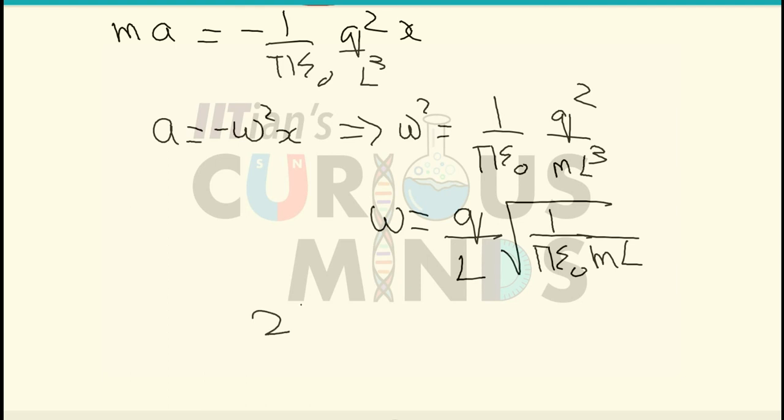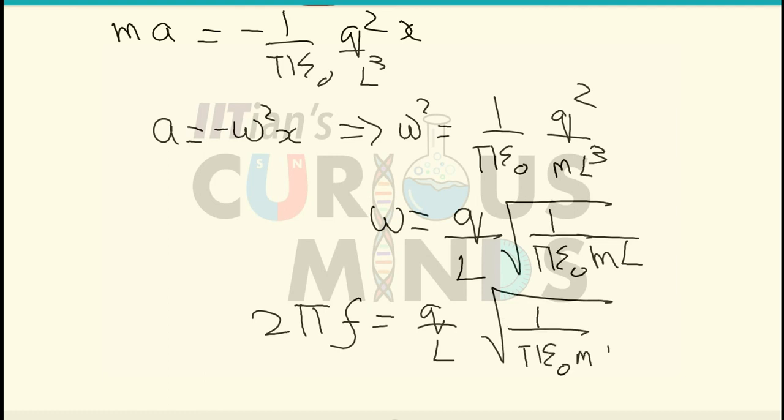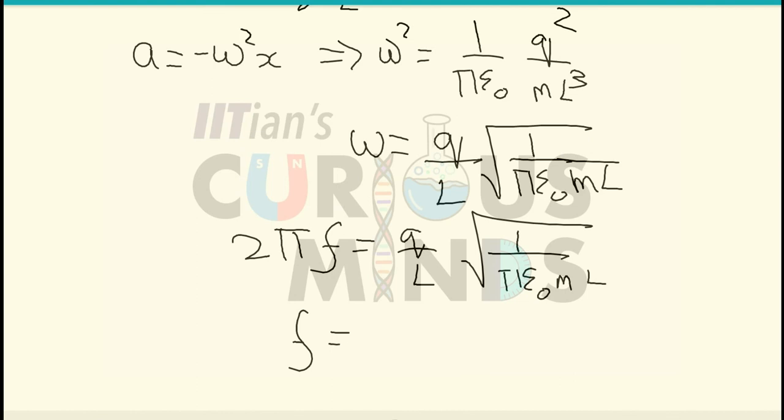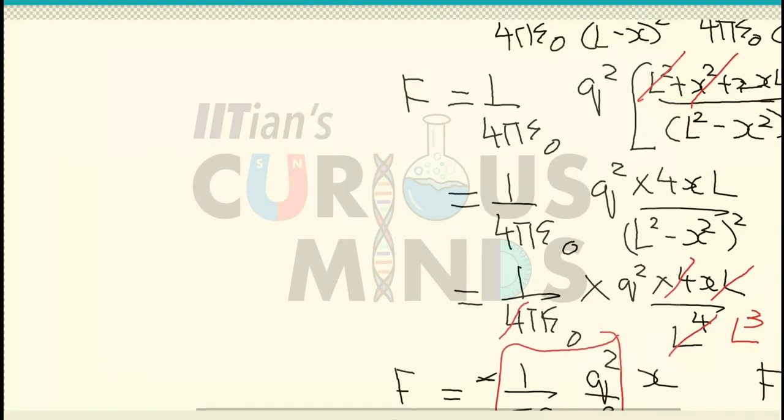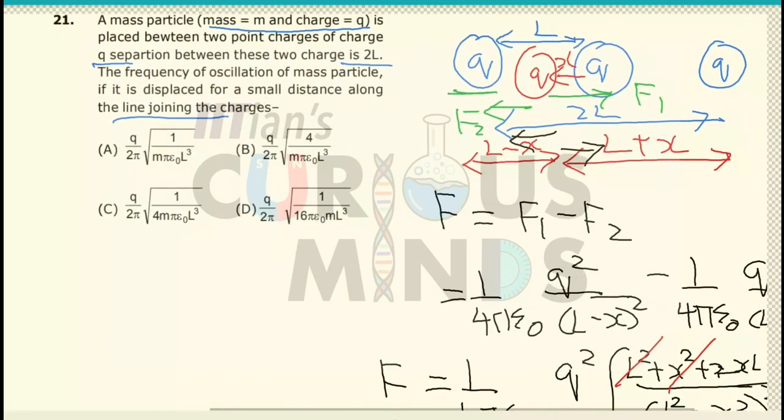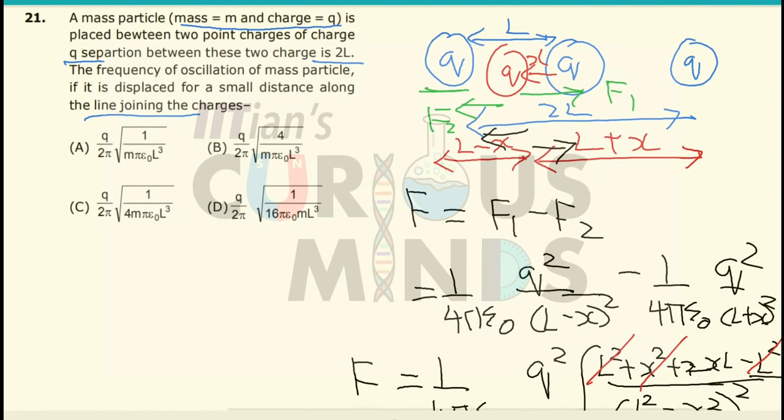Omega is equal to 2 pi f, so the frequency will be equal to q divided by 2 pi L into root of 1 by pi epsilon naught m L.